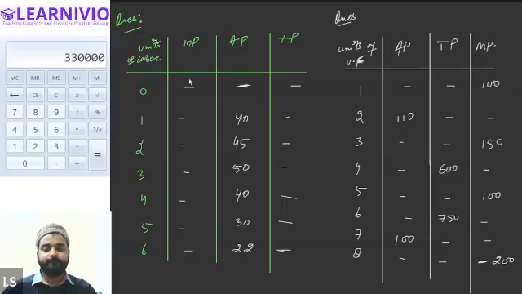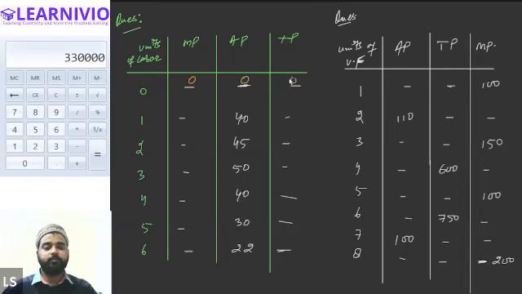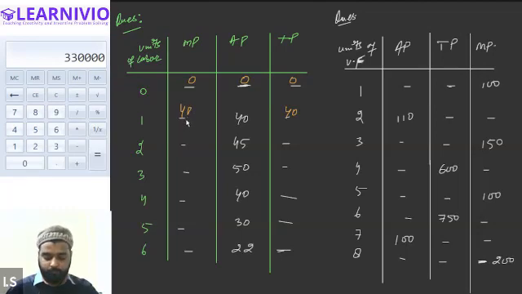At the 0 unit of labor, the marginal product will be how much? 0. Correct. And average product will also be 0. Total product will also be 0. Now at the first unit, if average product is 40, that means total product will also be 40, and marginal product will also be 40. Now moving on to the next, average product is 45. That means total product will be 45 into 2. For finding the total product, we simply multiply average product with the labor.